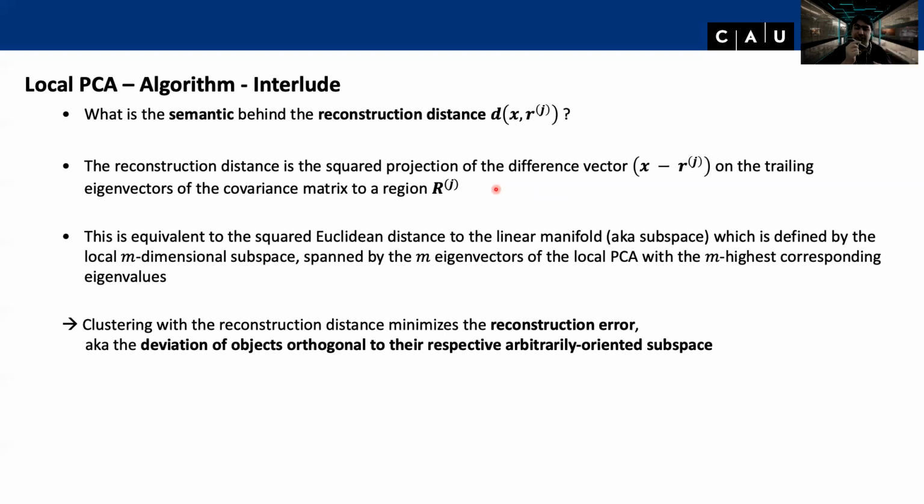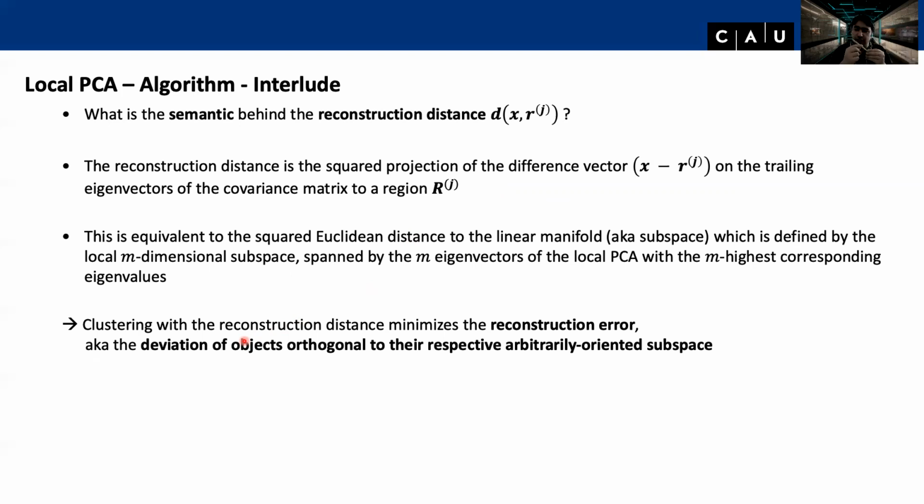So what this function actually does, it is not seeking the distance which minimizes to its prototype r_j, which would be here in the middle, but which minimizes the distance orthogonal to that particular subspace. So this means that clustering with this reconstruction distance minimizes the reconstruction error, or in other terms, the deviation of objects which are orthogonal to their respective arbitrary-oriented subspace.